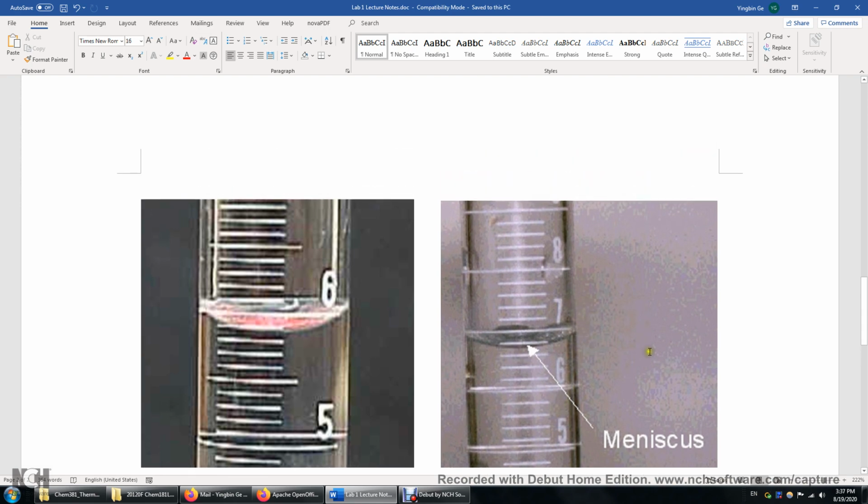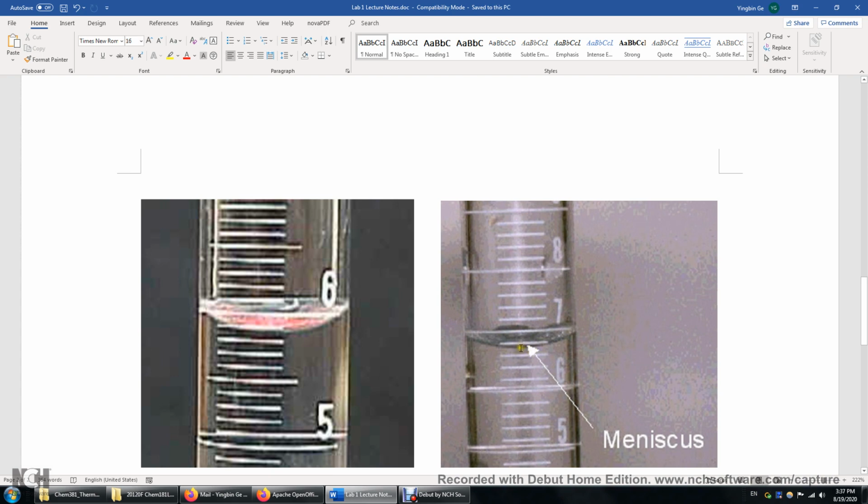Now let's look at this graduated cylinder on the right. This is a little bit tricky. First, let's look at this meniscus. We can see a number 6 and number 7. There are 5 scales between 6 and 7. So in this case, the smallest scale is 0.2 milliliters. Let's look at this meniscus. It's below 6.8. It's much higher than 6.6. So over here, again, you'll have to estimate. I would say this is roughly 80% of 0.2 milliliters.